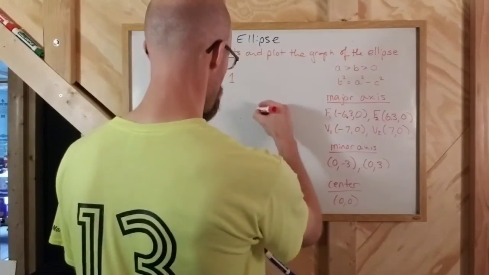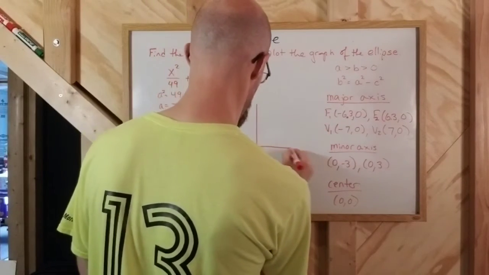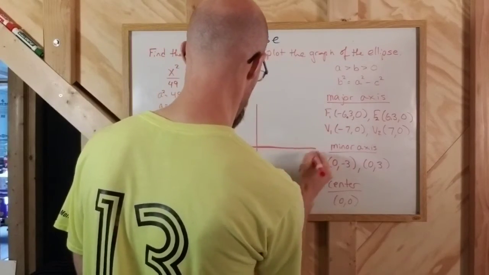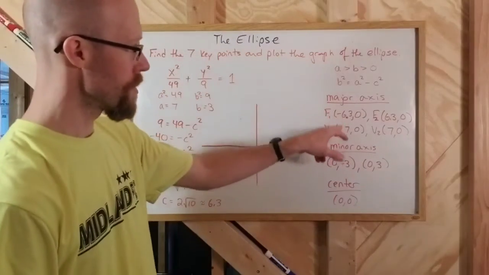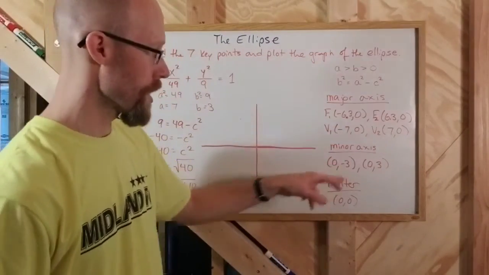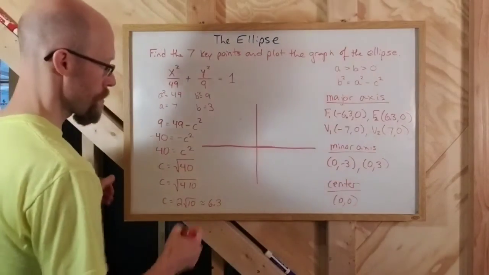So we're going to start by drawing my axes. In the x direction, I need to hit 7 in each direction at least. In the y direction, I need to hit at least 3. So let's go 8 and 4, just to give a little bit of extra space.